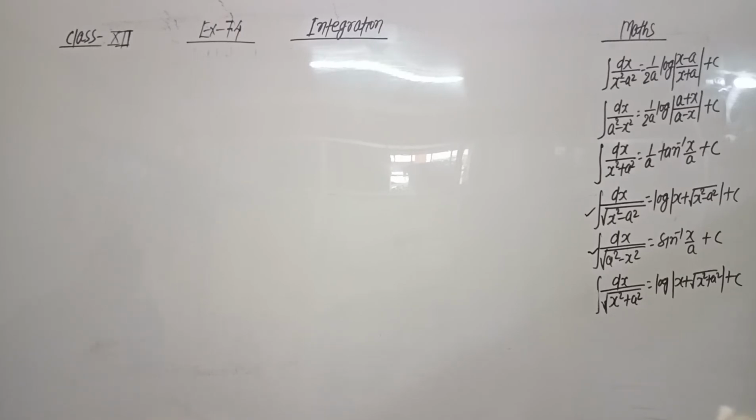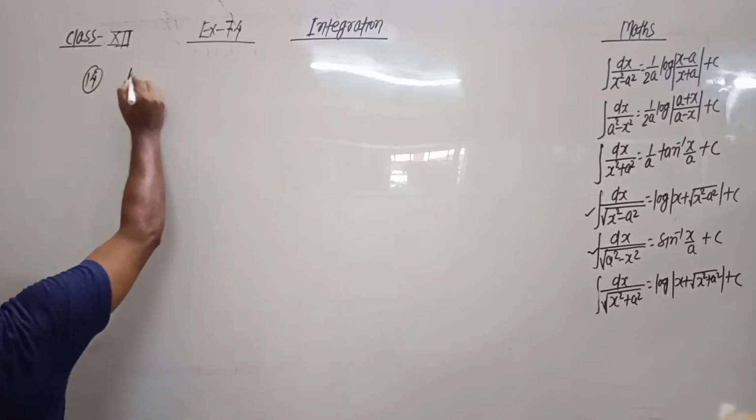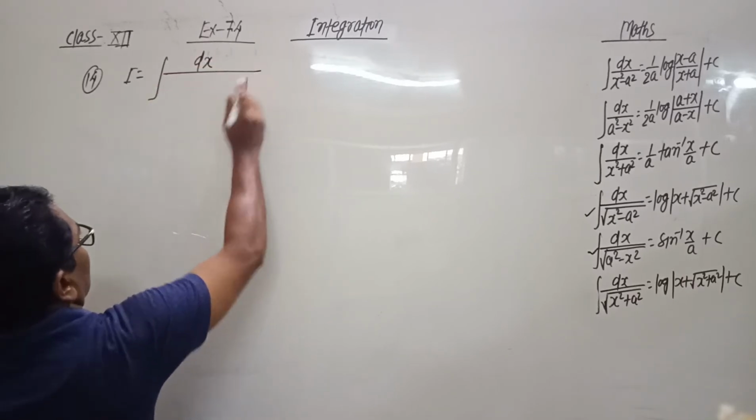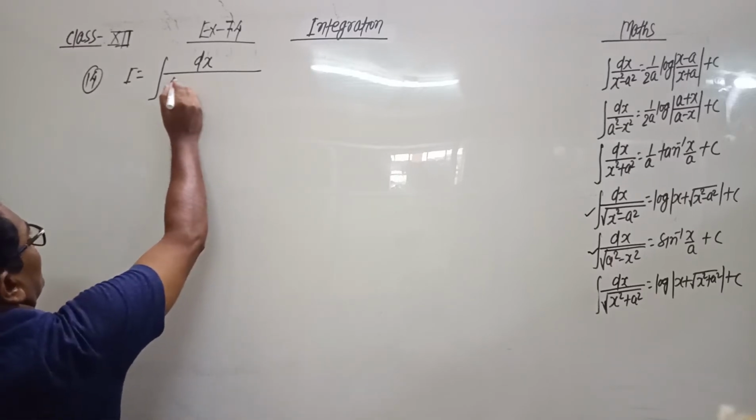Now question number 14: integration dx upon under root of 8 plus 3x minus x square.